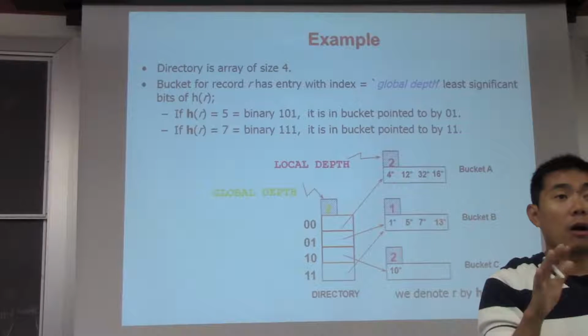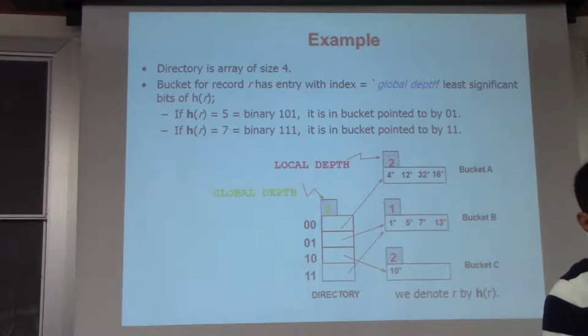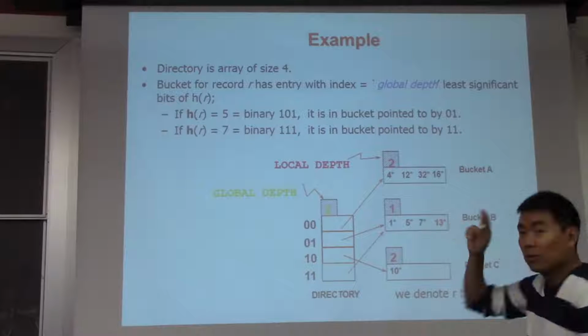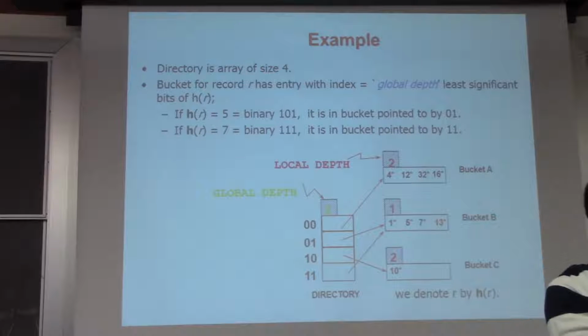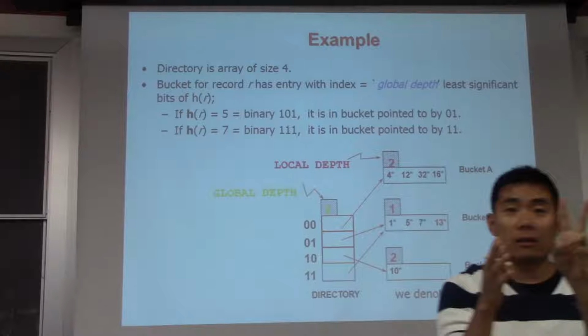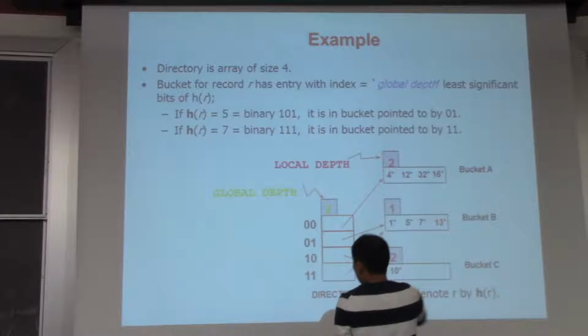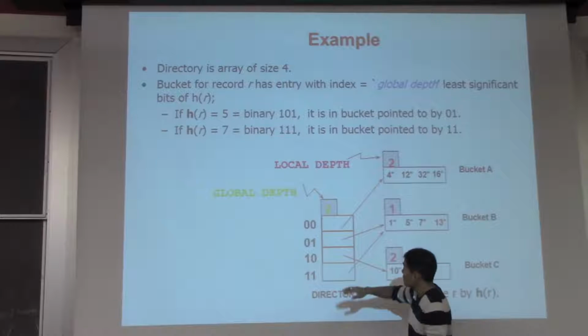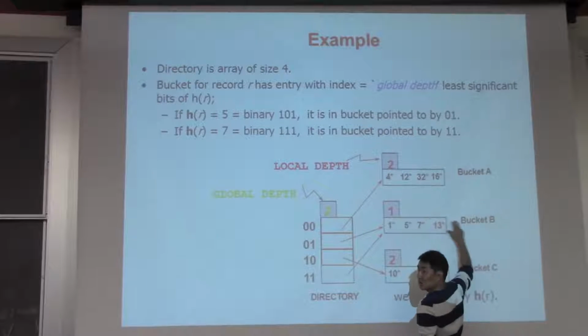The binary representation of 5 is 101. Since global depth is 2, I should look at only the last 2 bits, which means I should ignore the 1 from the most significant bit. Look at only the 2 lower bits, which is 0, 1, which means this data entry R should go to which bucket? 0, 1, which is this bucket right here.